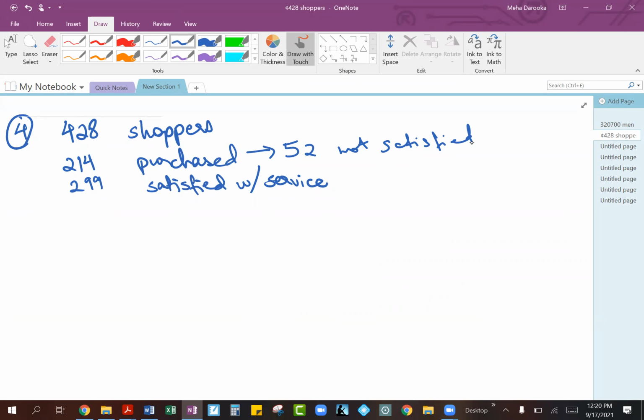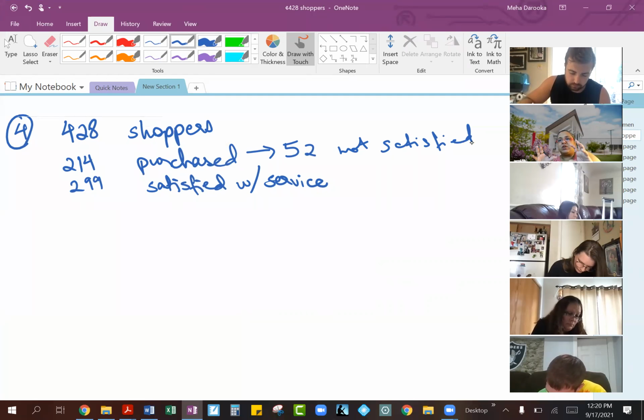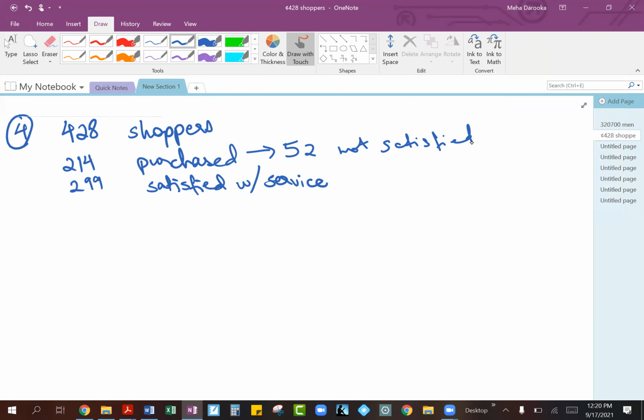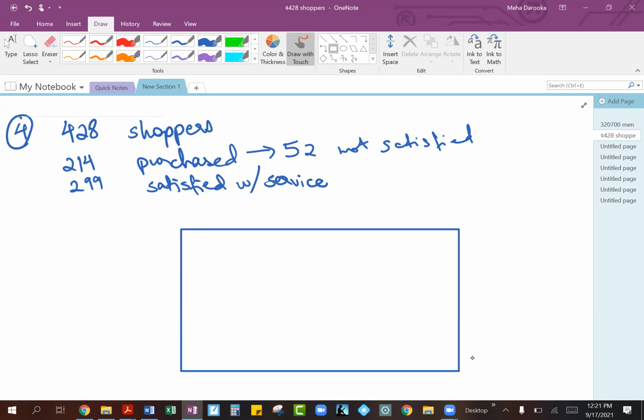Alrighty, so can you tell me what our two main circles should be in this example? Satisfied and not satisfied with service. Okay, so satisfied and not satisfied, wouldn't the not satisfied just be the complement of satisfied?